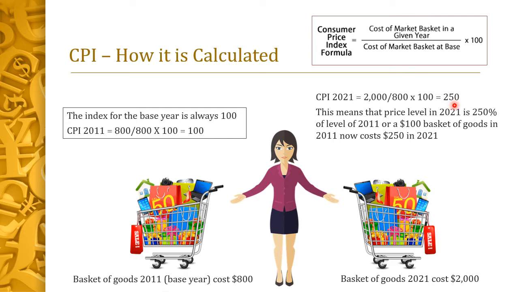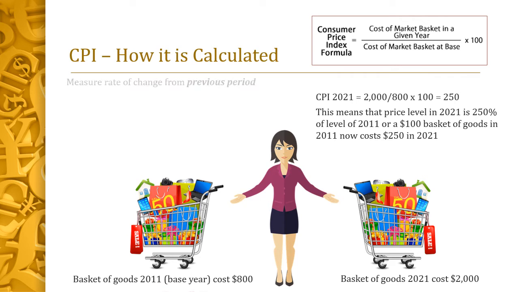And we know that our CPI is 250. What this means is basically compared to 2011, prices have gone up by 250%. So a basket of goods that was $100 in 2011 would now cost $250 in 2021. So we've seen a pretty big increase in prices over those 10 years.